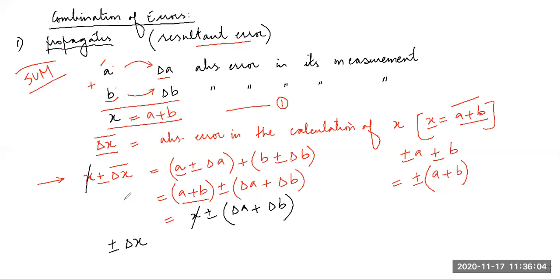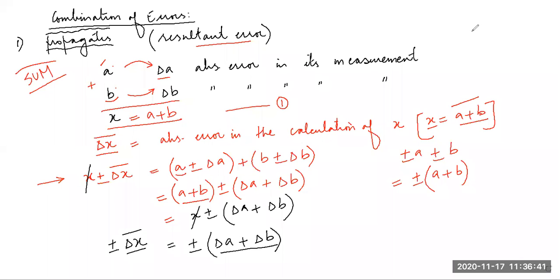The resultant error delta X, the propagation of error when we add two quantities, would be equal to plus minus delta A, the absolute error in the measurement of A, plus delta B, the absolute error in the measurement of B: the sum of the absolute errors of both quantities. In case I have three quantities, it will be the sum of absolute errors of all three. Why have I added plus minus? Because the individual error can be plus or minus.